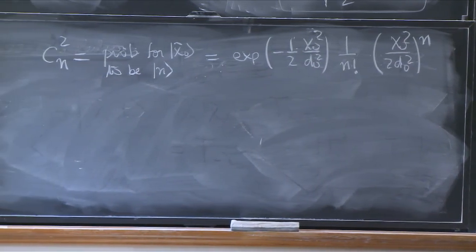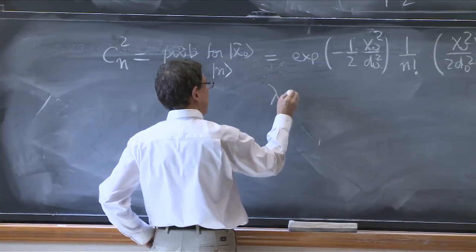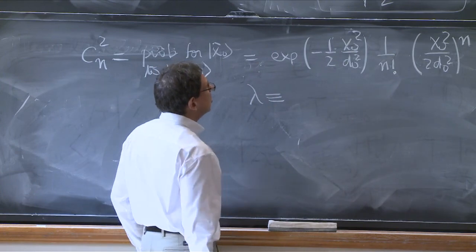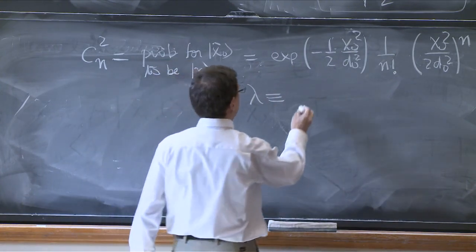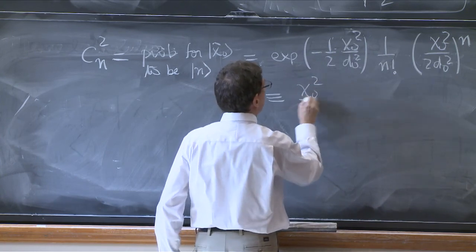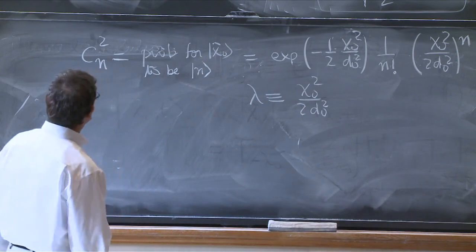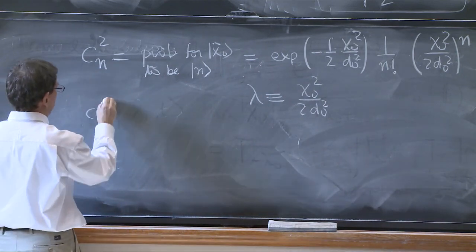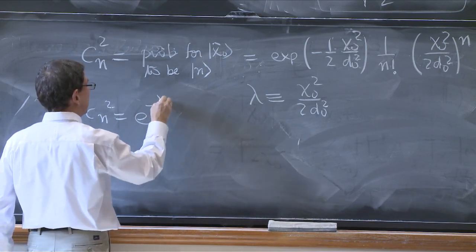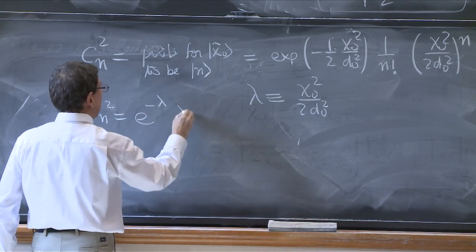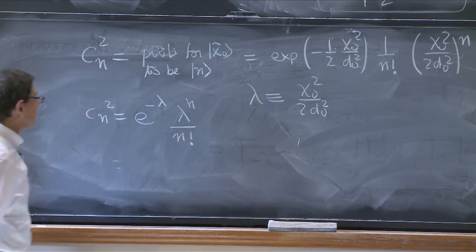So it's easier to think of this if you invent a new letter, lambda, to be x0 squared over 2 d0 squared. Then Cn squared is equal to e to the minus lambda, lambda to the n over n factorial.